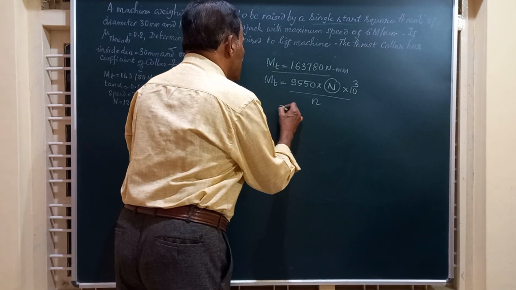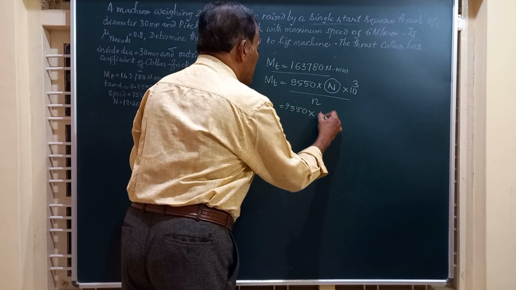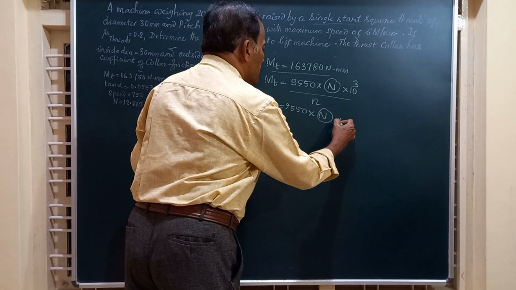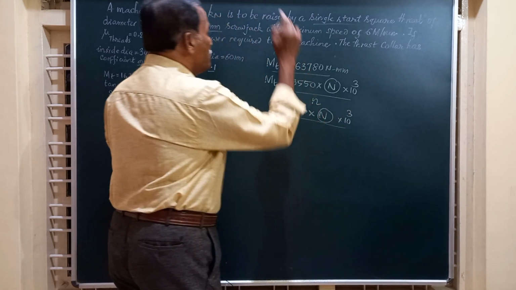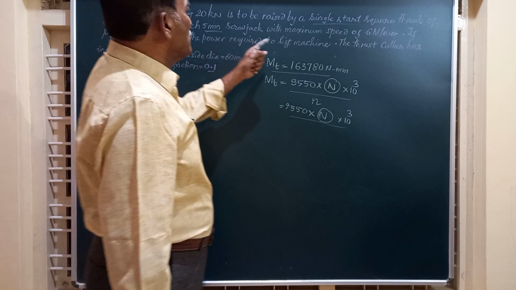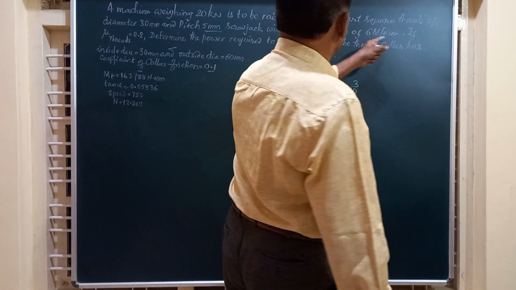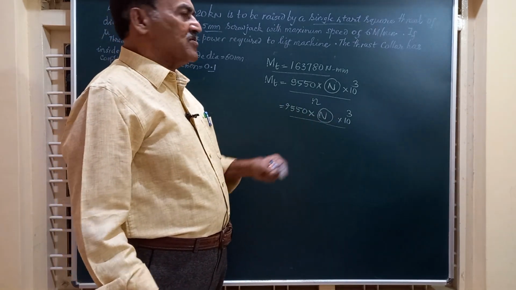And for this we want the speed, which is not calculated yet. The load is to be raised at a maximum speed of 6 meters per minute, that you have to calculate to get the answer.